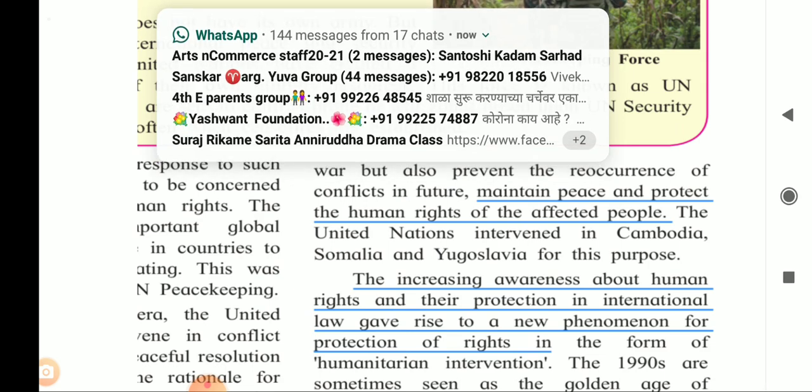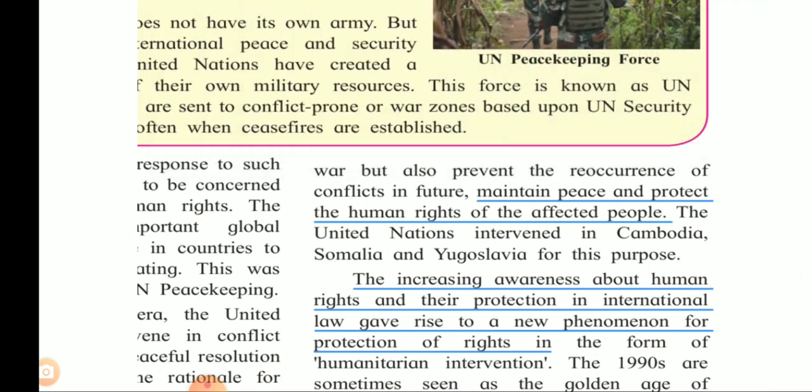Write humanitarian intervention in single inverted commas, give a full stop. The 1990s are sometimes seen as the golden age of humanitarian intervention.